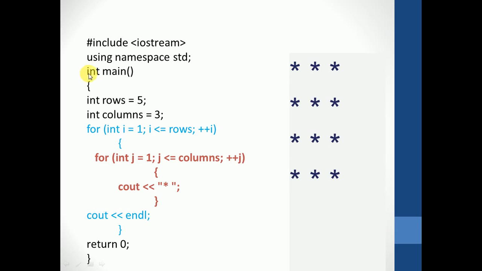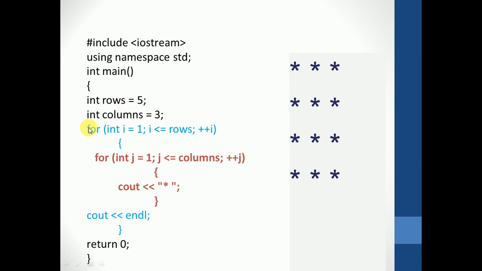So now hash include iostream, you have using namespace std, you have your main program. Now rows is equal to 5, you are initializing your rows to 5, which is an integer. Then you have your columns to be 3, that is 1, 2 and 3. So you have your columns initialized to 3.